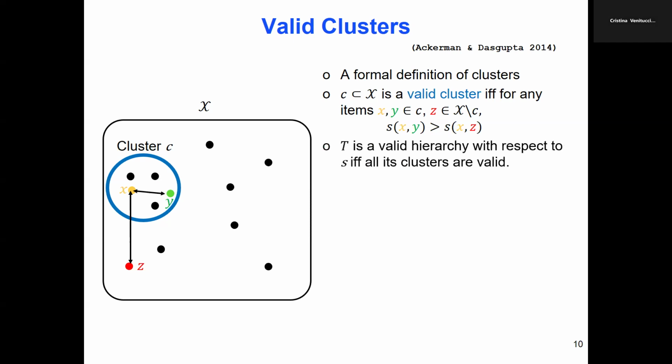Okay, and so if I have a tree, a hierarchy that only contains valid clusters, then I call it a valid hierarchy. Now, there might be multiple such trees. Indeed, if you think of the star topology, with all the points connected to the root, it's a valid hierarchy.